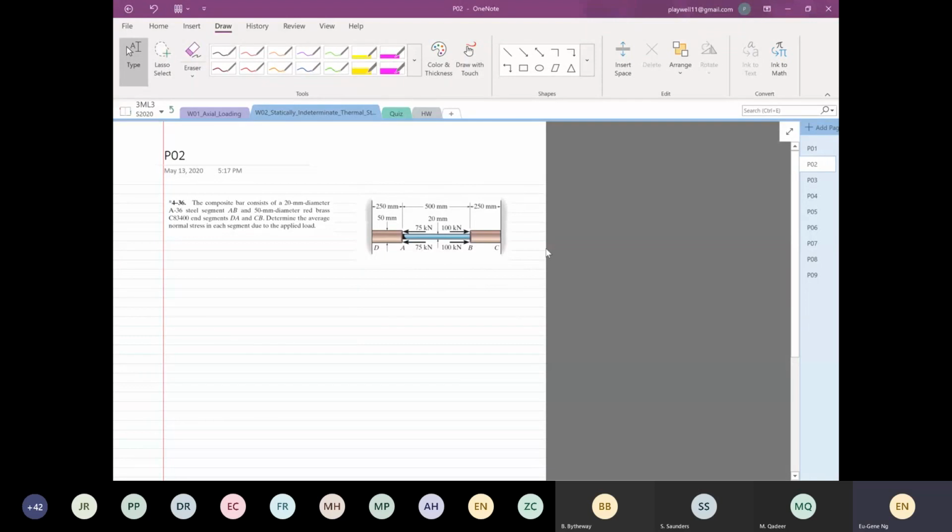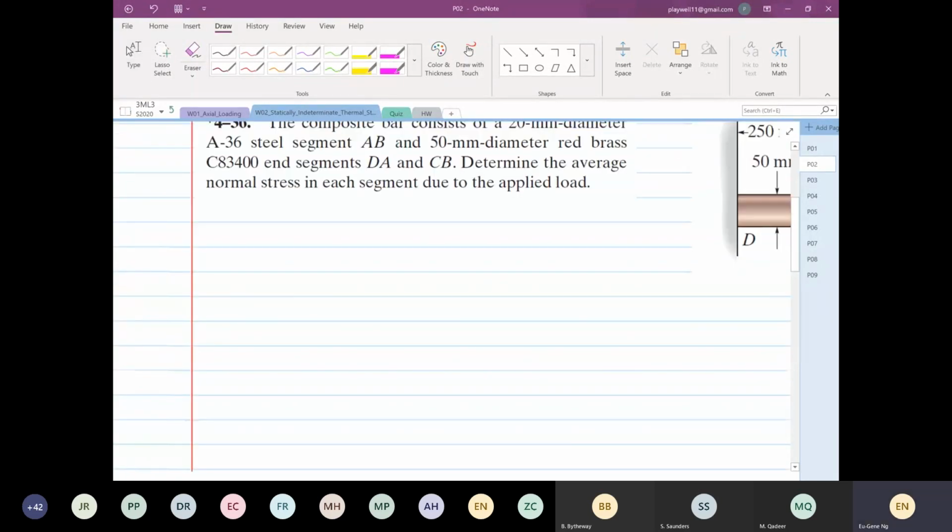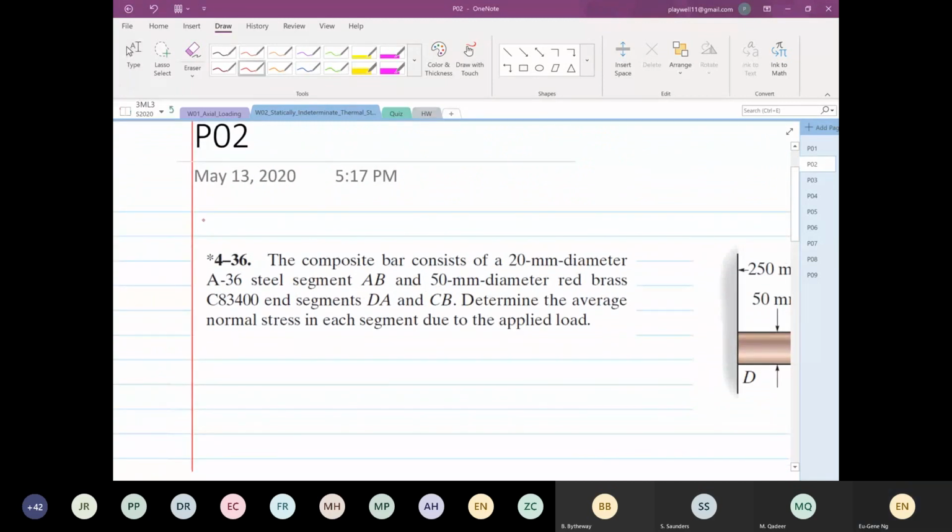So this is our example number 2. And this example is statically indeterminate.